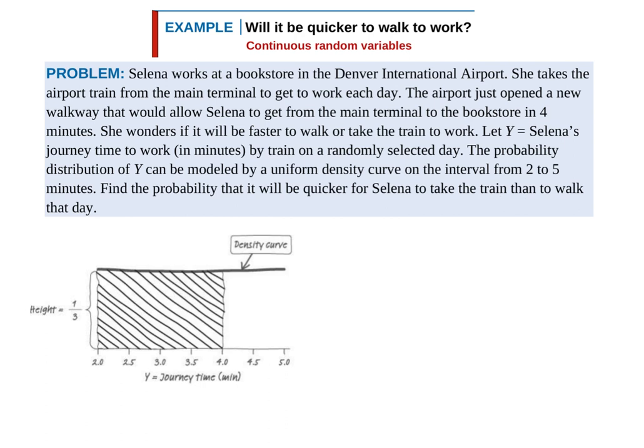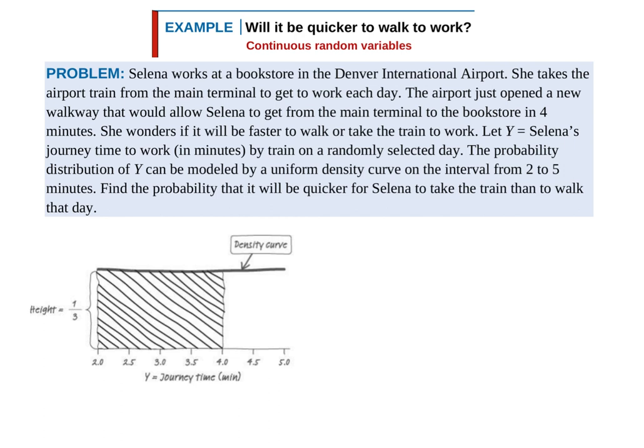So it's from 2 to 4, and 4 minus 2 is 2. But that's not going to be our height. Remember, if it's from 2 to 5, the distance between 5 and 2 is 3. And what do we multiply by 3 to make it 1? 1/3. So we would draw this rectangle from 2 to 4 with a height of 1/3.